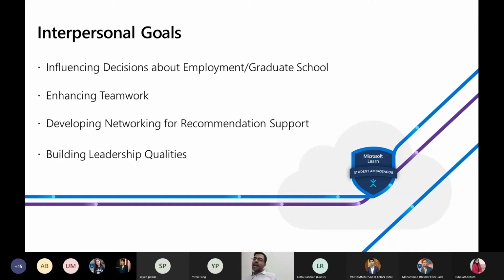The second thing is enhancing teamwork. This is a very important interpersonal goal that you will achieve. When you conduct a research, it is very difficult to do it individually. It is always a good idea to engage more people with you. Like, share with your friends that, hey, I have a research idea, I would like to work on it.